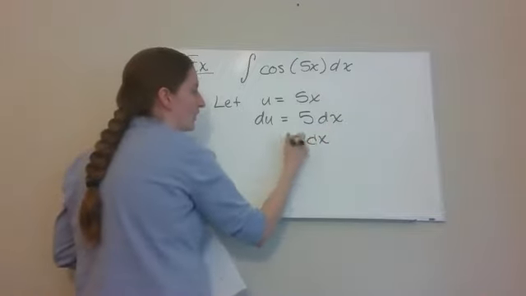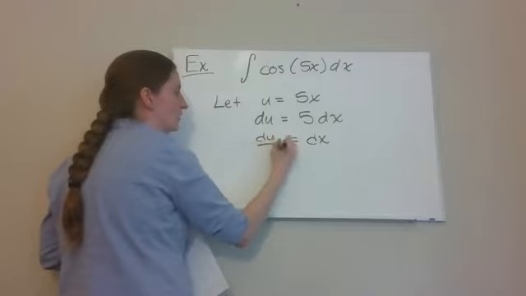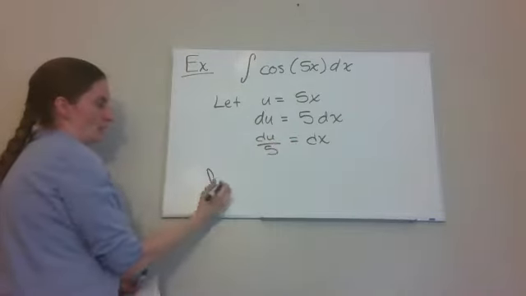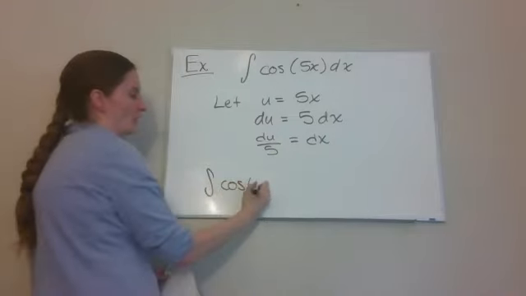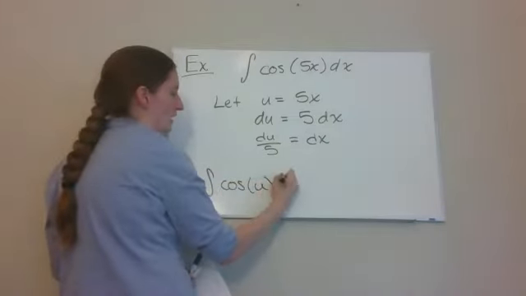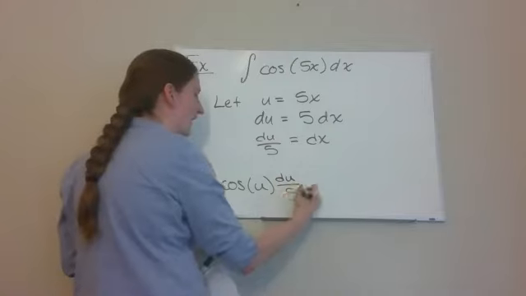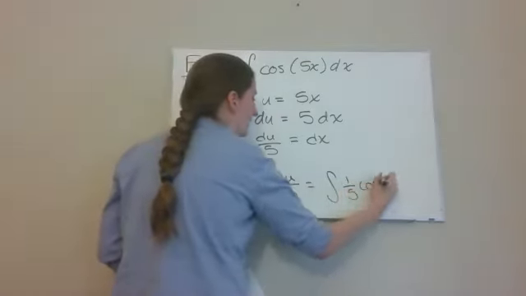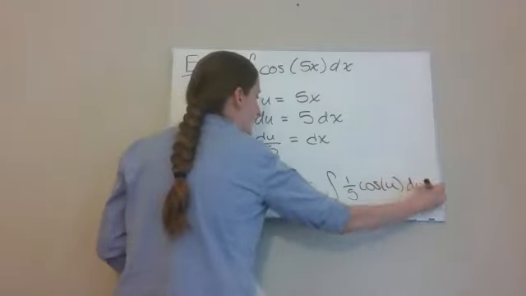And then if I solve this for dx, I get du over 5. So rewriting my problem, I have a cosine of u and a du over 5, which is the same thing as a 1/5 cosine of u du.